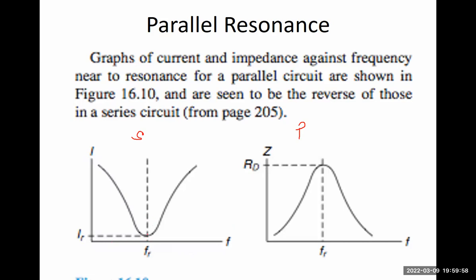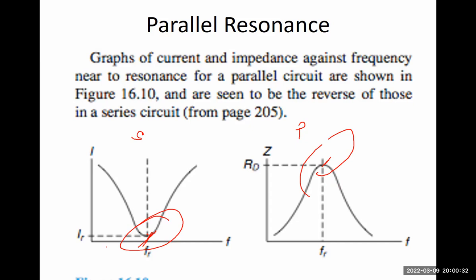For the series resonance, you will notice that in this area its R is at minimum, while here its R is at maximum. The resonant frequency is here, and somewhere here also is the resonant frequency of the other.